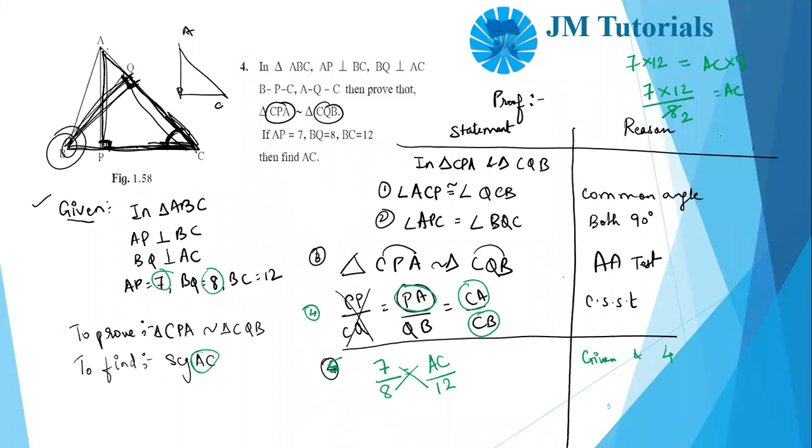So this becomes 21 upon 2, that is equal to AC. Now 21 upon 2 is 10.5. So AC is 10.5. You have to also write units, because no units are mentioned. So ideally you should write AC is 10.5 units. Did you all understand this, guys? Everyone understood this, right?